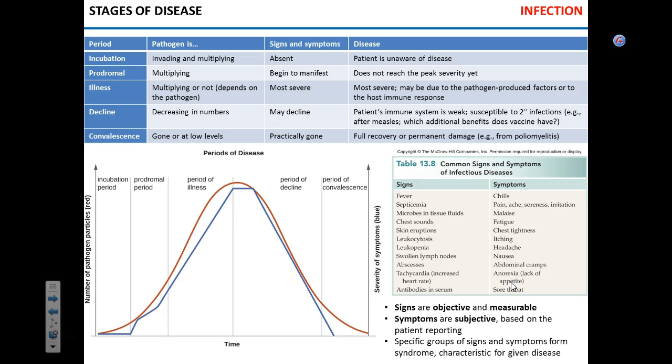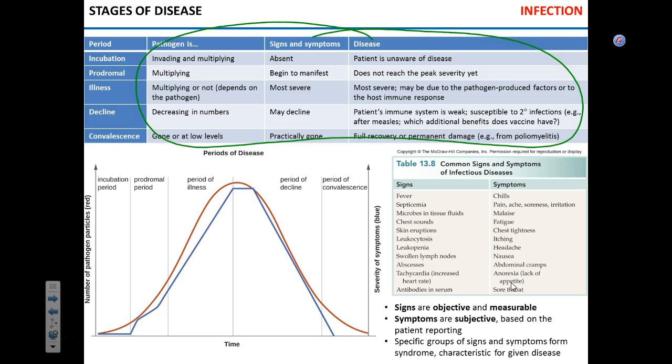Now, when you get infected, what are the stages of a typical infectious disease? There are several of them. First is the incubation period. These characteristics are not obligate for all types of infection. What I'm trying to say is that different diseases have different manifestations.